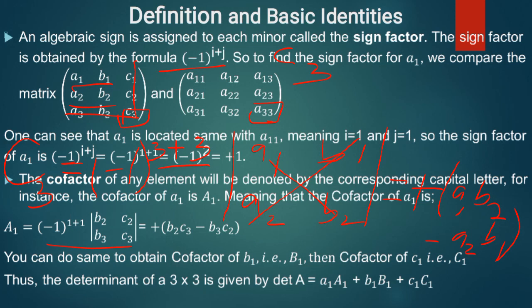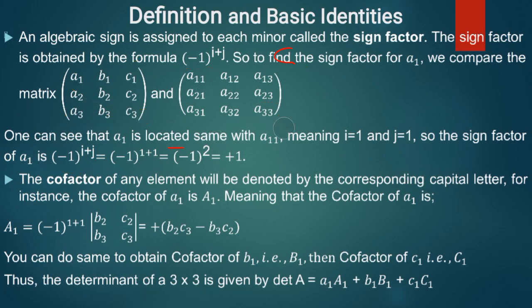So I've stated here that you can do the same for cofactors of B1, which means you can check for capital B1 if you're to find cofactors, and so for C1. And finally, what I was trying to make us see is that if you're given a 3 by 3 matrix and you're told to find the determinant, the formula is also there, but you needed to know how to find minors first, and cofactors.